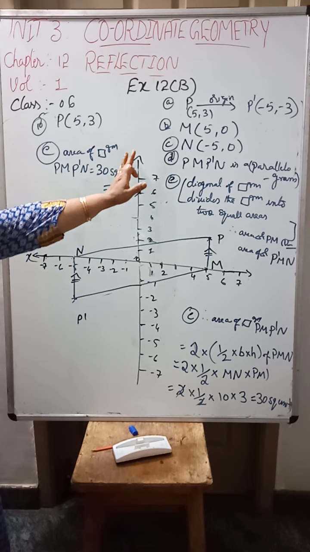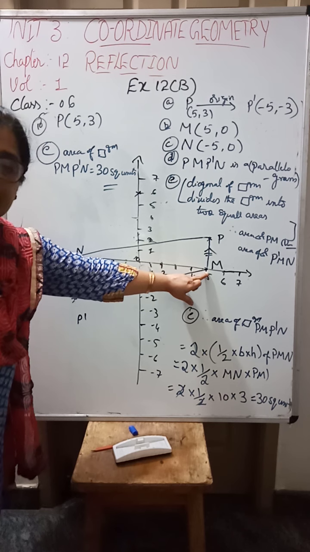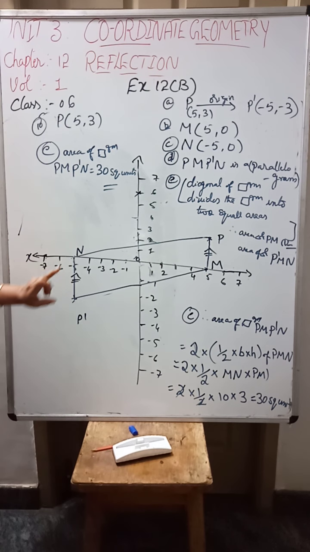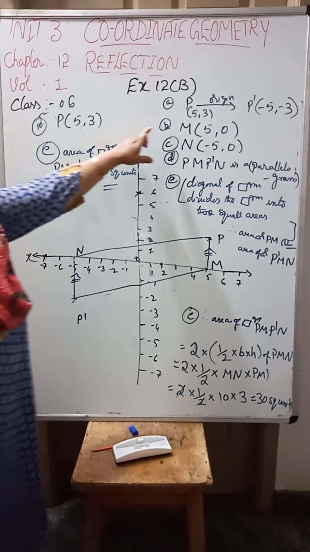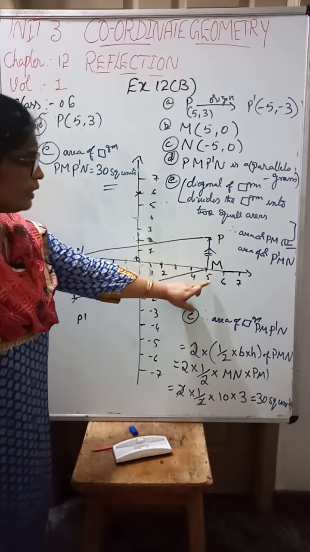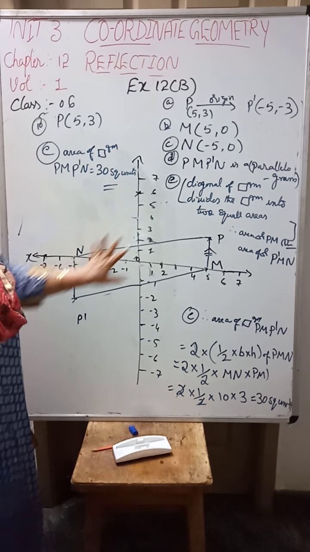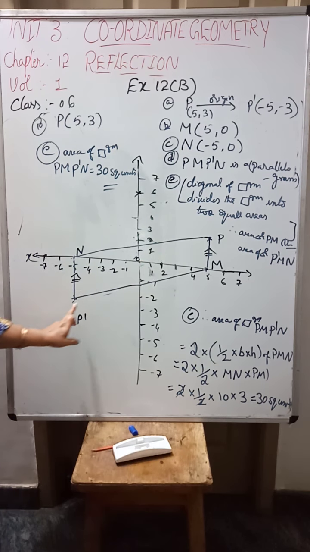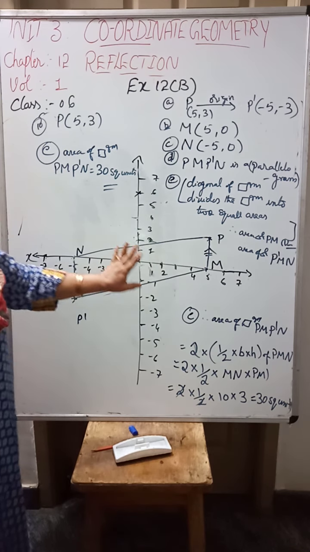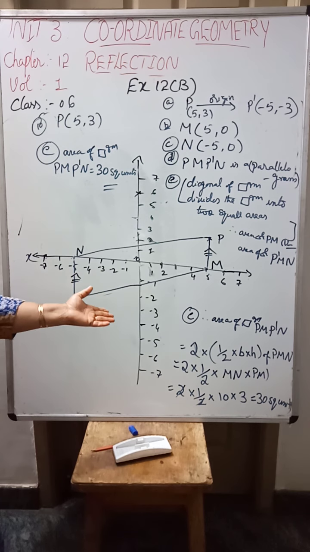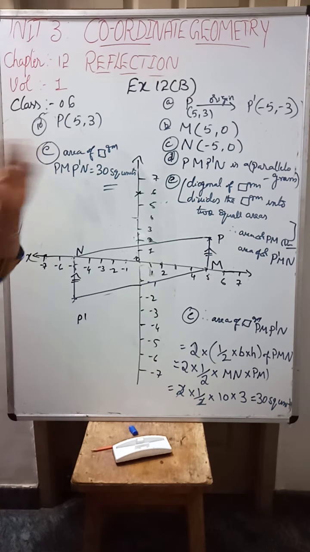As explained in the question, you have to take the perpendicular line from P to the x-axis and from P dash again to the x-axis, located as M and N. The coordinates of M are written in question B, and the coordinates of N in question C. By joining P, M, P dash, N, we come to know that the figure is a parallelogram. After that we know the formula to find the area of the parallelogram, we substituted and got the answer.